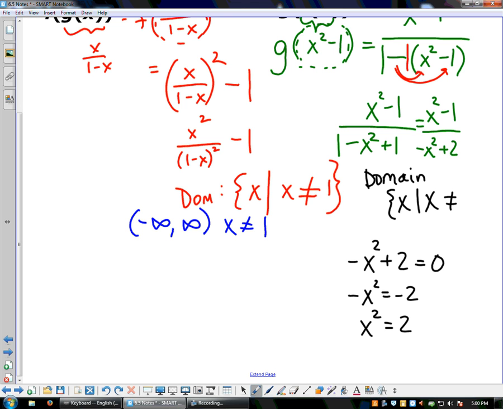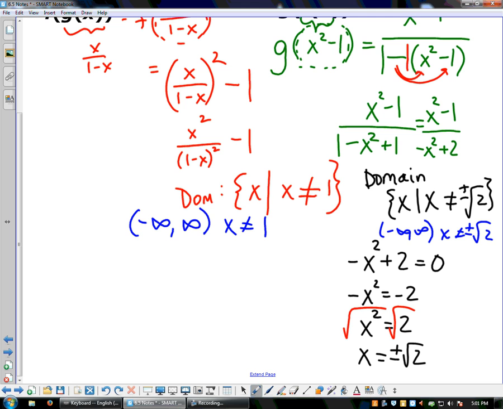Remember, to get rid of a square here, I'm going to square root both sides. And we know we're going to need 2 answers here. So plus or minus the square root of 2. So we have 2 numbers that we'll need to rule out. The x cannot be positive square root of 2 or negative square root of 2. Again, if you want to go back to our infinities, that's fine as well. Just rule out those same numbers for your x values there.